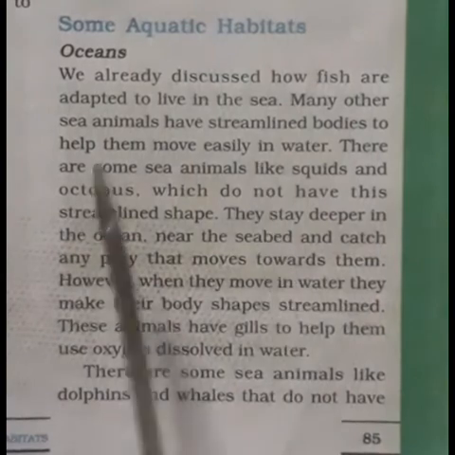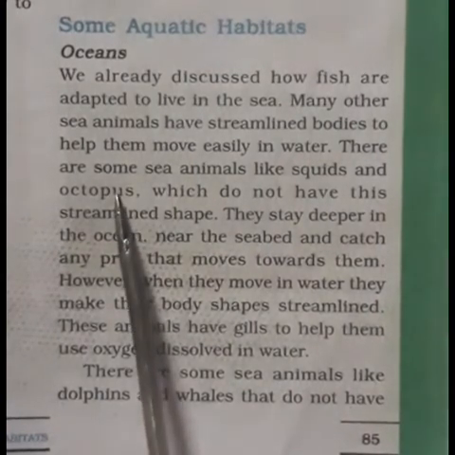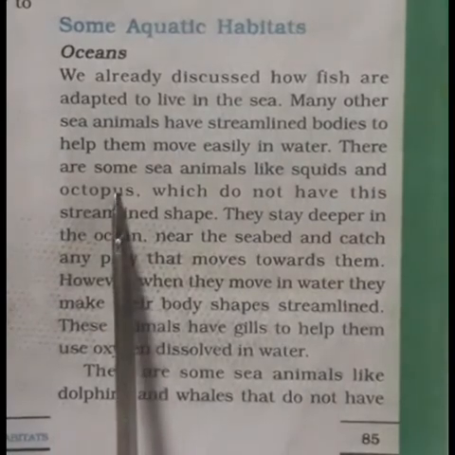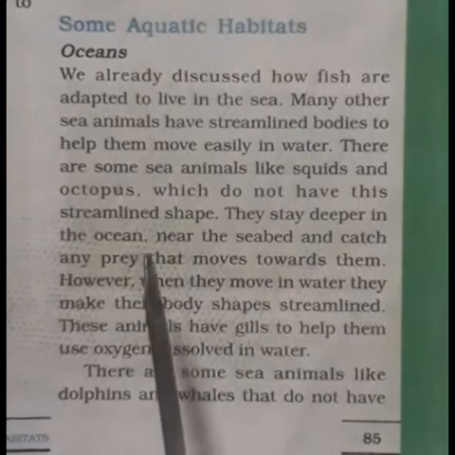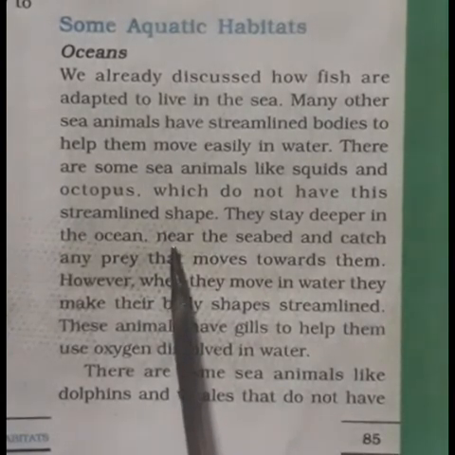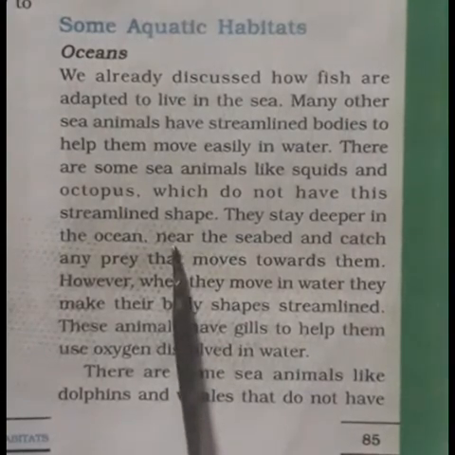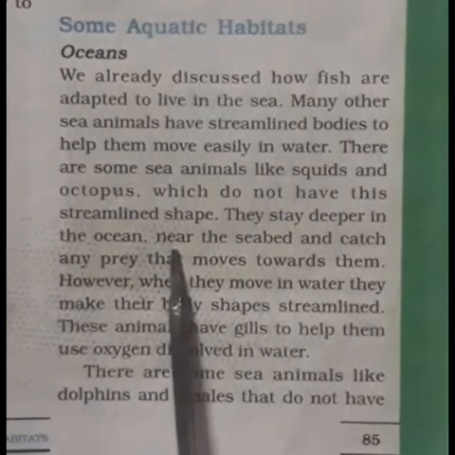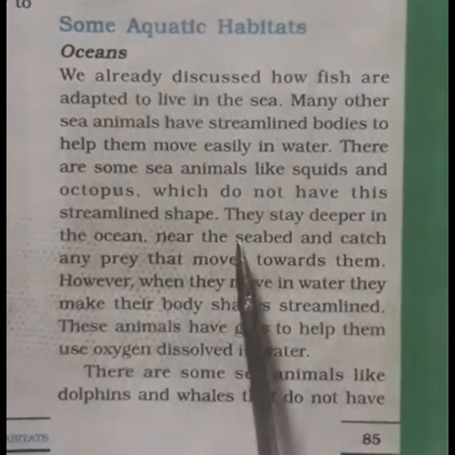These squids and octopus stay in the deeper layers of the ocean or sea. They stay near the seabed and catch the prey that moves towards them. Whenever some prey comes near, the octopus or squid moves towards it and catches it.